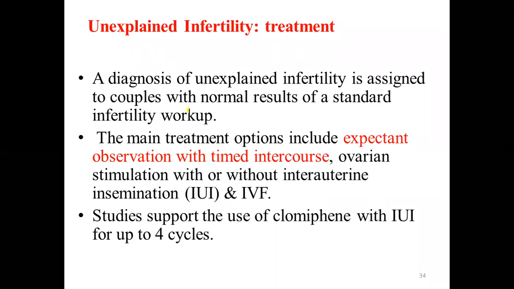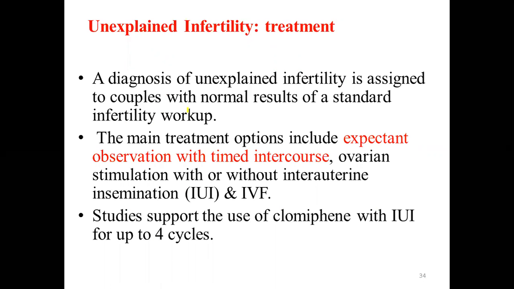So that is all about infertility treatment. Then there is also the possibility of unexplained infertility, as I mentioned before. Unexplained infertility means the couple has normal findings with all those lab tests, however there are no known causes.